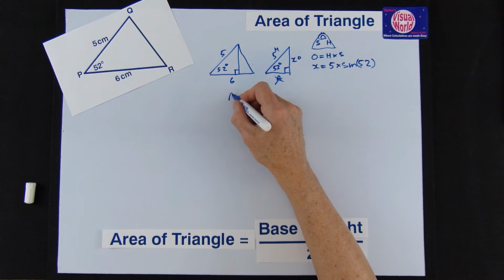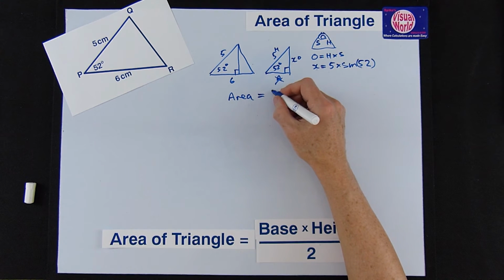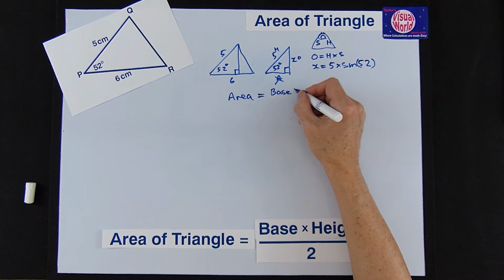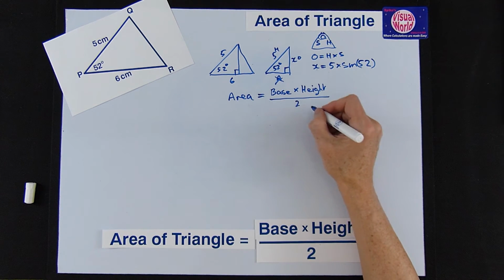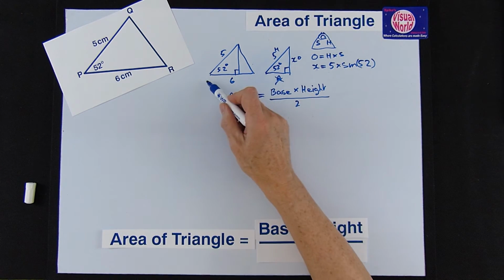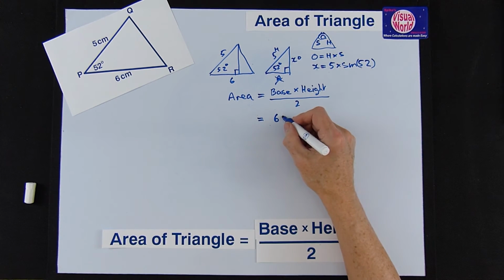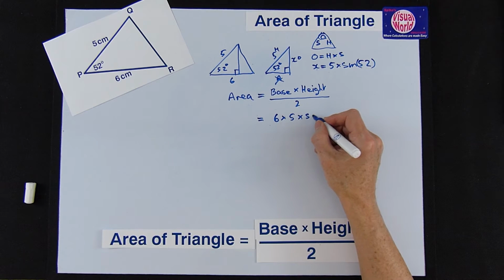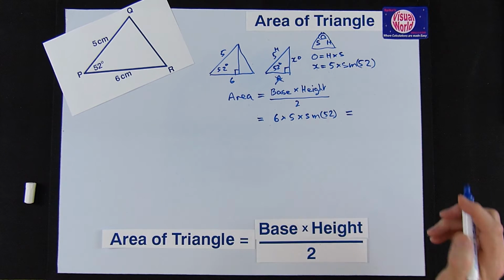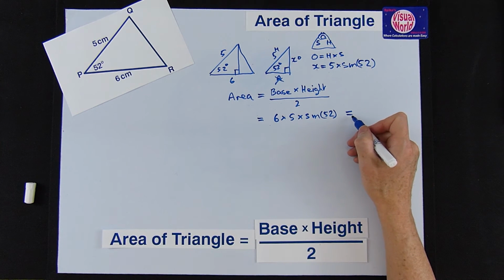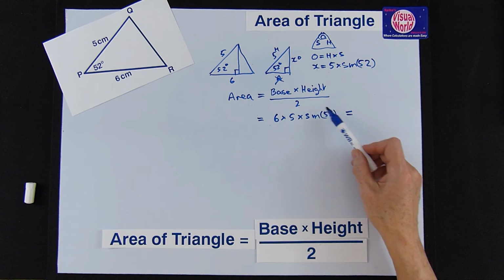So now we can put area equals, and we've got base times height divided by 2 equals base of our whole triangle is 6 times the height, which is this, times 5 times sine 52, which we can work out on the calculator, but I'm not actually going to do it here because the purpose here is to compare it to see where the formula comes from.